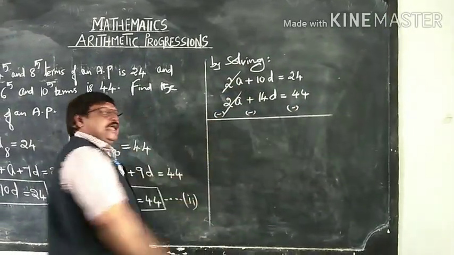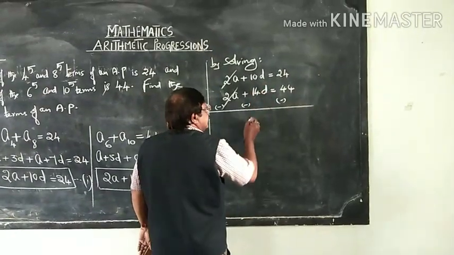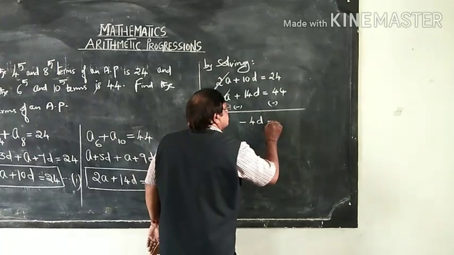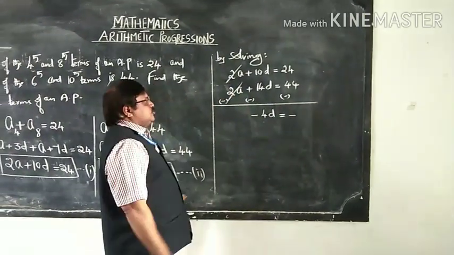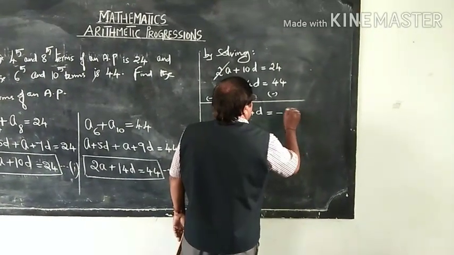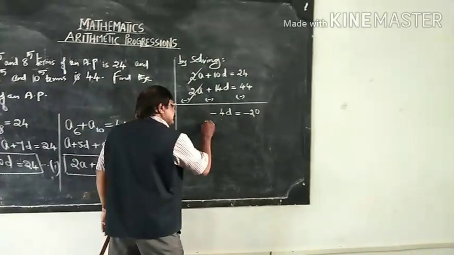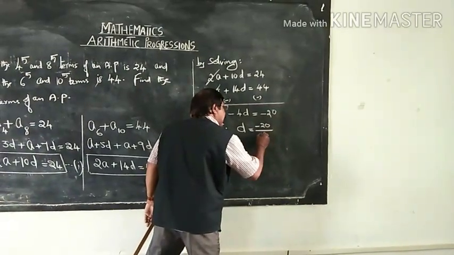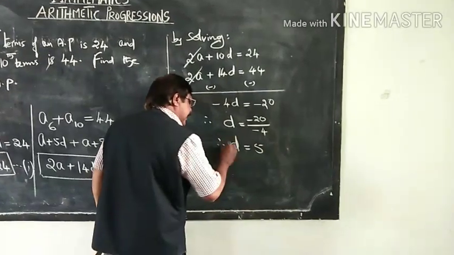Cancel the same terms. Then here it is nothing but minus 4d is equal to minus 20. Then therefore d, the difference, will be minus 20 divided by minus 4. Therefore d is 5.